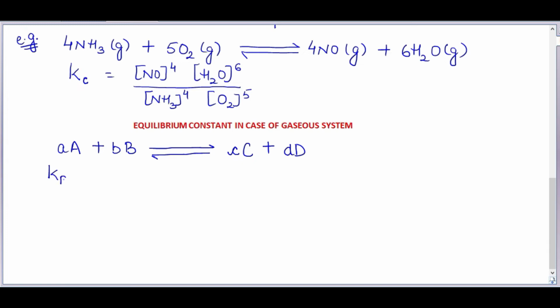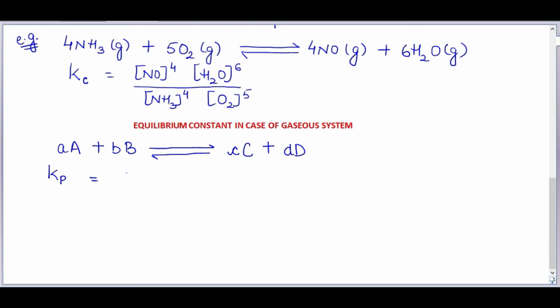For the equilibrium constant in a gaseous system, we'll denote it with capital K subscript P, right? So if I have to measure the concentration of gases, I have to take this value in terms of partial pressure, right?